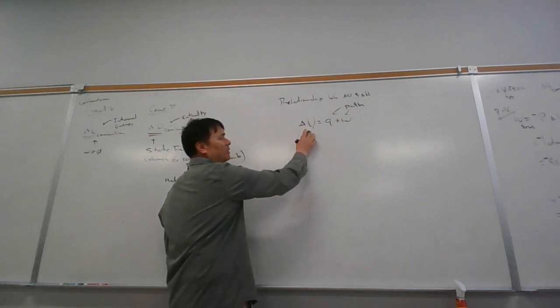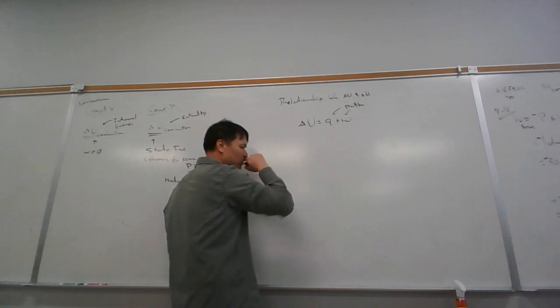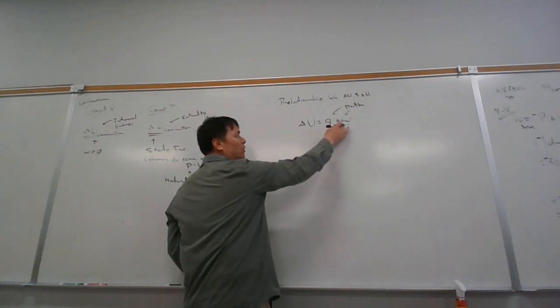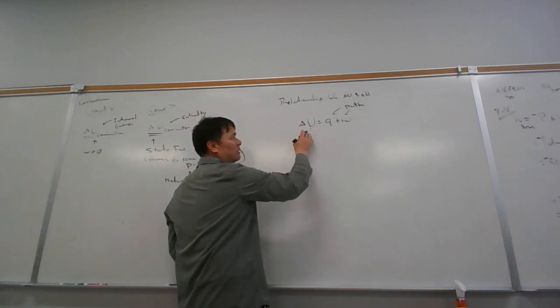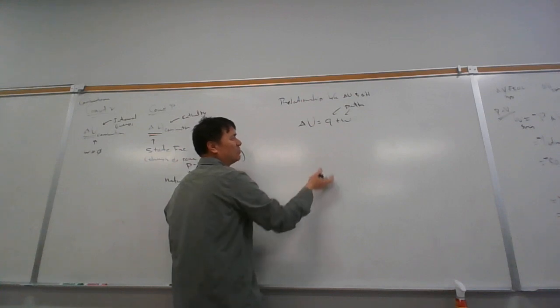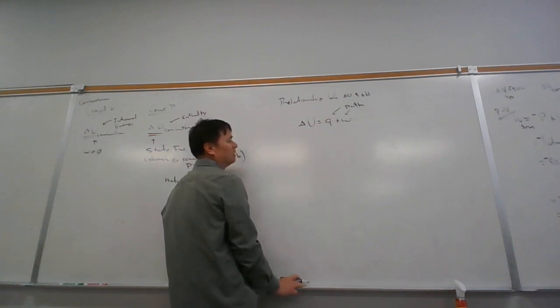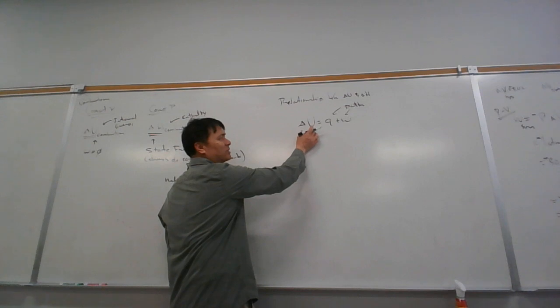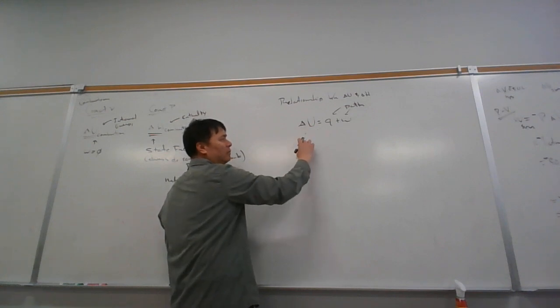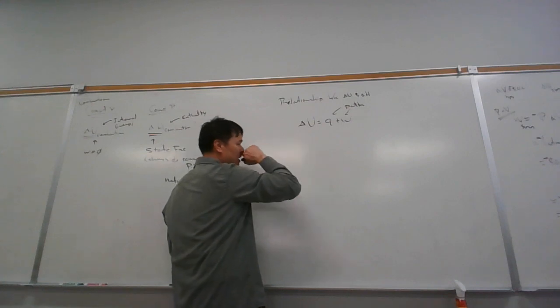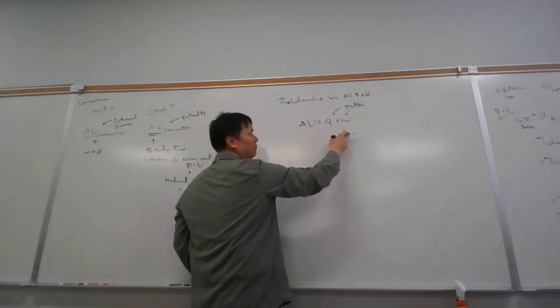If you have an AA battery, it depends on what you put it in. If you put it into a mechanical toy, you're going to get a lot more work than heat. If you put the AA into a flashlight, maybe you'll get some work and a lot of heat. But the AA battery has a fixed amount of energy. It's always the same. That's a state function. What you do with the AA battery depends on the path, Q and W.